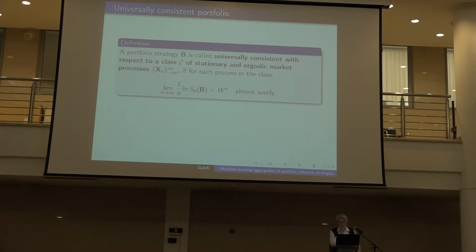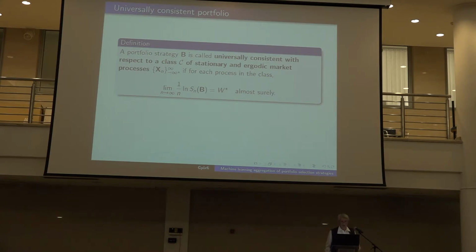The question is the following. Here is the definition of universal consistency. In general, we know that the limsup of the average growth rate of any strategy is less than or equal to W star almost surely, with no regard to how we choose the strategy.